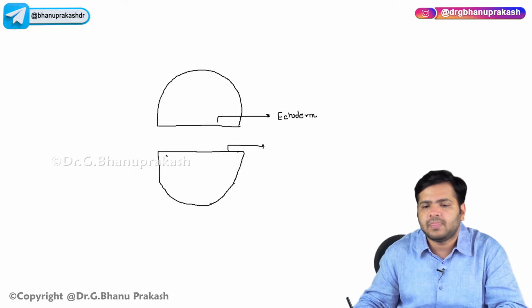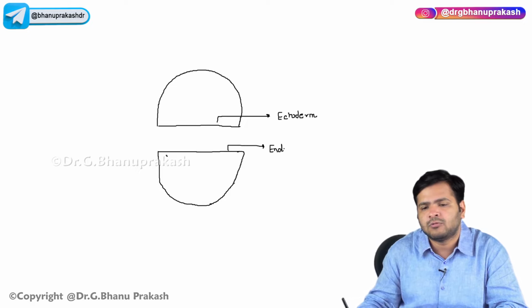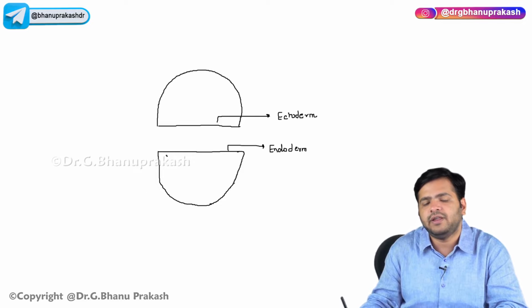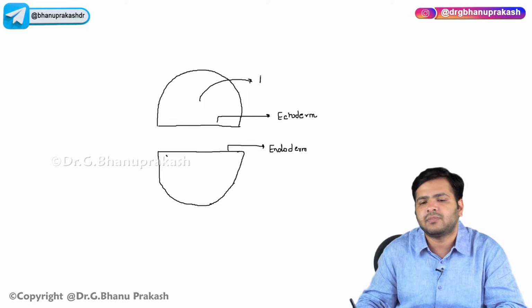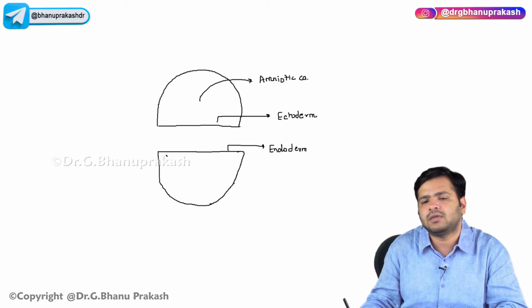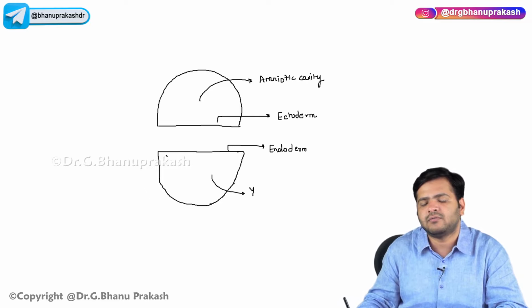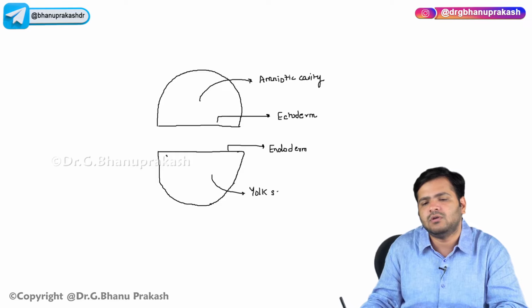Now this is the endoderm, this is the amniotic cavity, and this is the yolk sac.